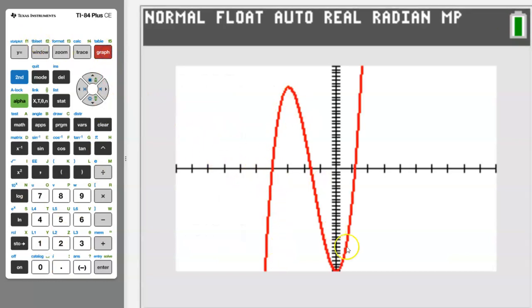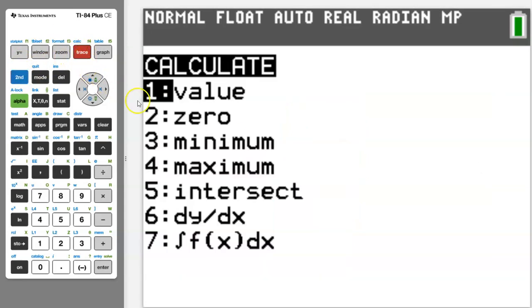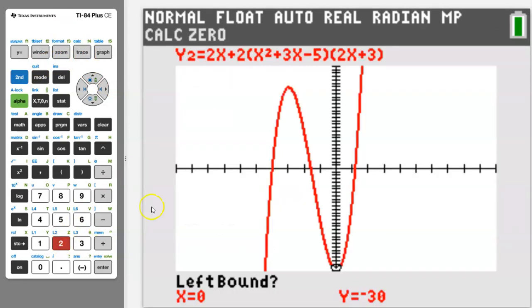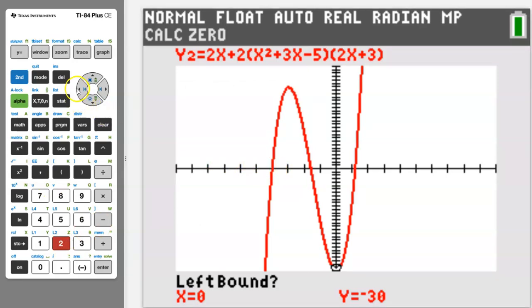Remember, this is a graph of I prime, and we need to find these three places where I prime is equal to 0. I'm going to show you two different ways to do that. For the first method, hit second trace and choose 0. So option number 2. Let's go for this first x-intercept right here.